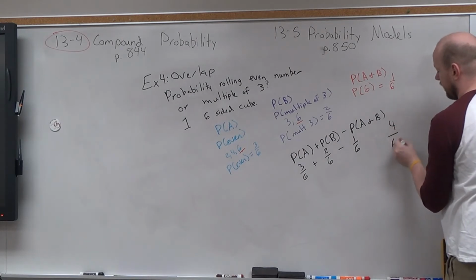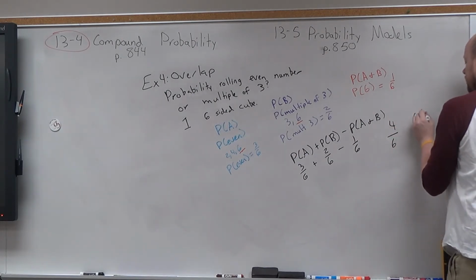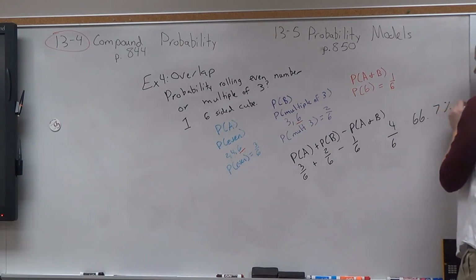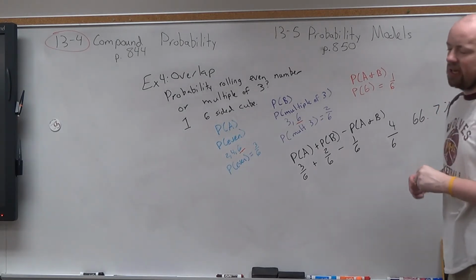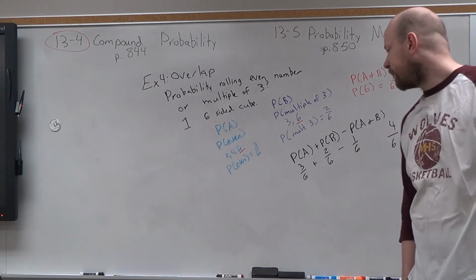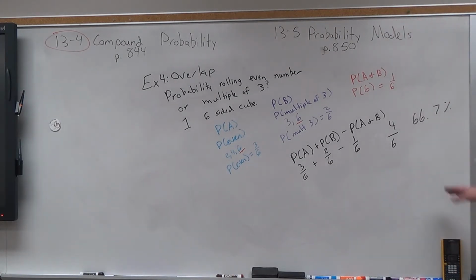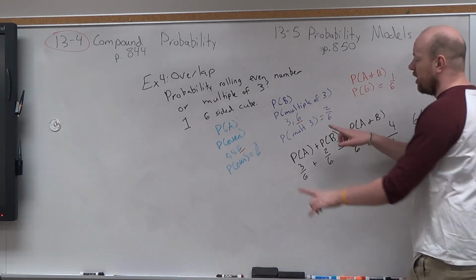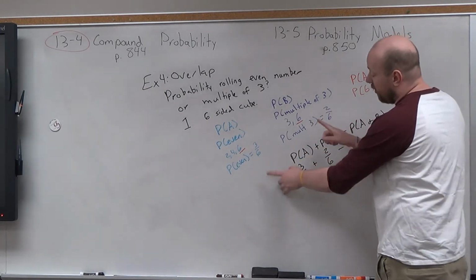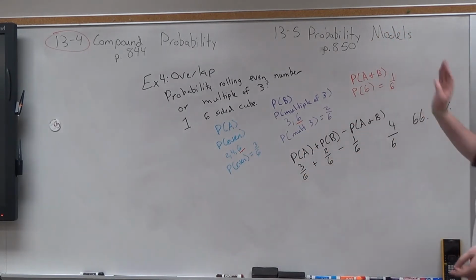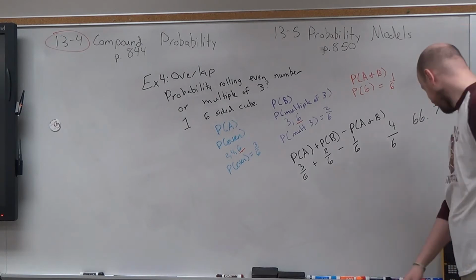So 4 out of 6, or 66.7%. And I know it's 0.6 repeating. I'm just going to go with 0.7 is fine. Okay. But hopefully that example, with some things that are easier to visualize, shows why we have to subtract the overlap. Because otherwise, we would count this 6 twice. That's why we subtract the overlap, just one of them.